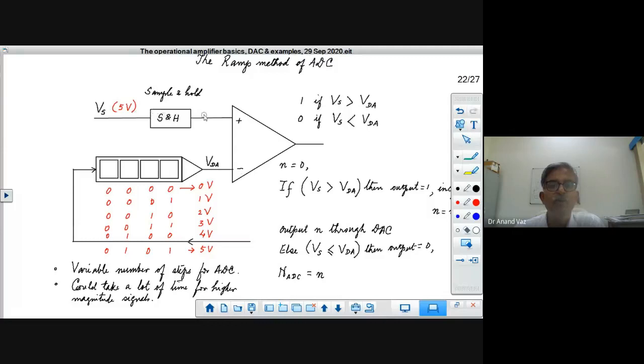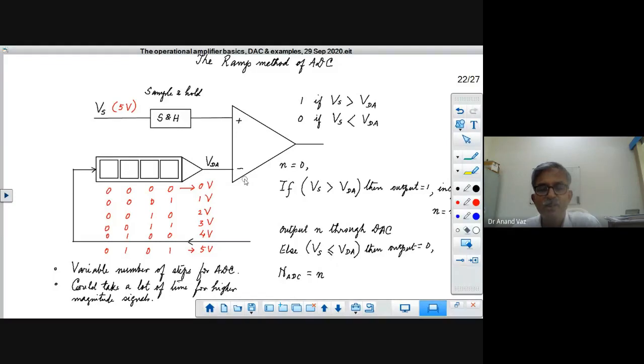So here you have 4.5. First you go up to 4, and the comparison output will be 1, and you go on incrementing. After 4, you will have 5.